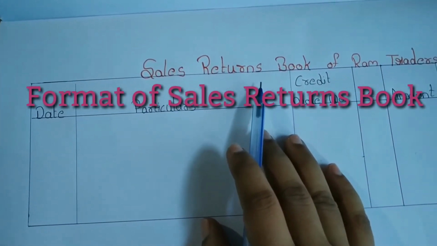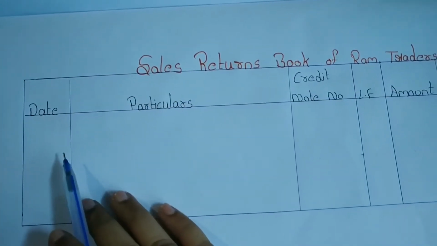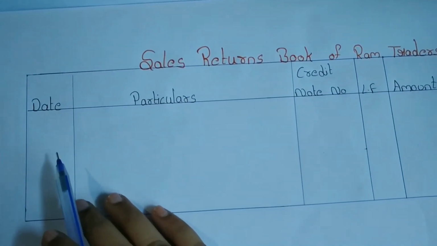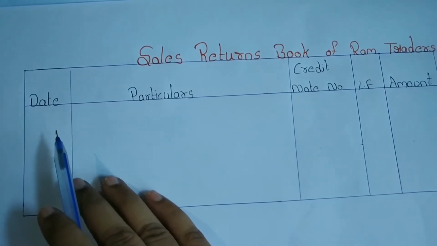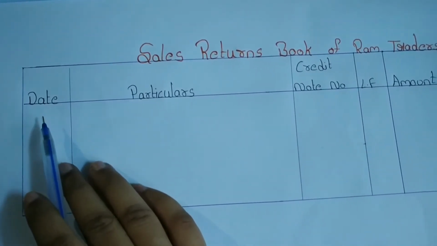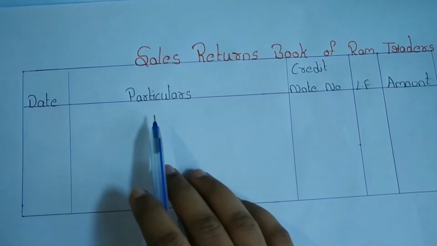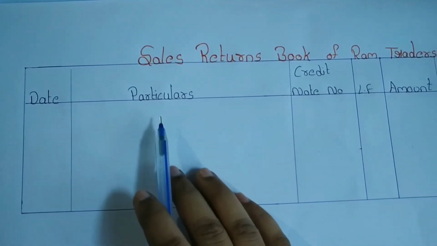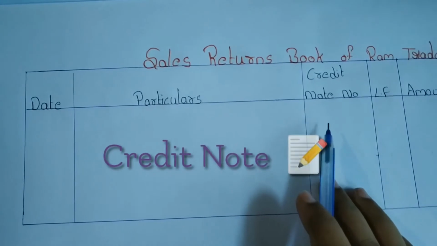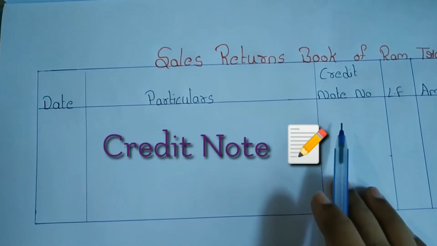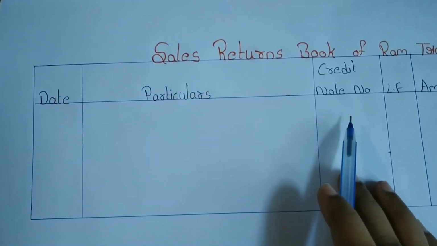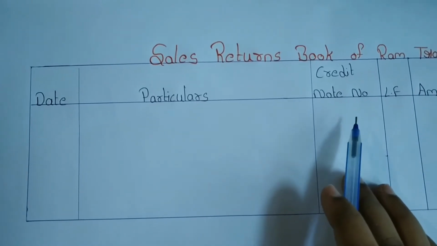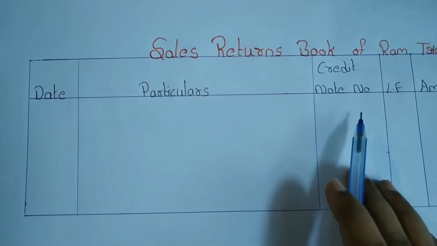Okay, so in the date column we have to mention the date when we received goods back from the customer. In the particulars column, the name of the customer should be recorded. Credit note number: when the seller receives goods back from the customer along with a debit note, he prepares a credit note and sends it to the customer.